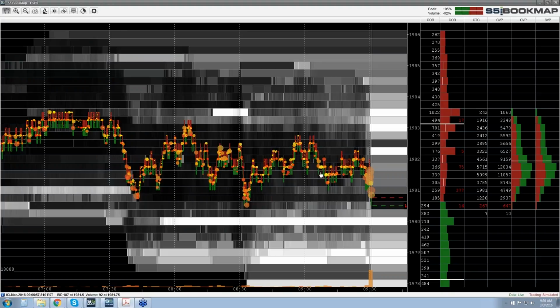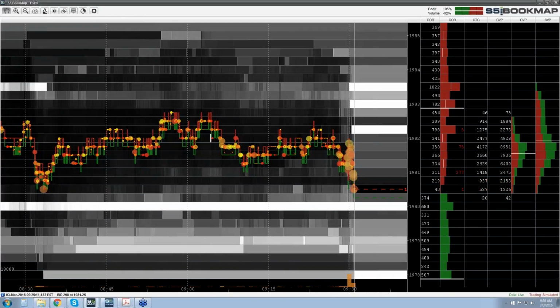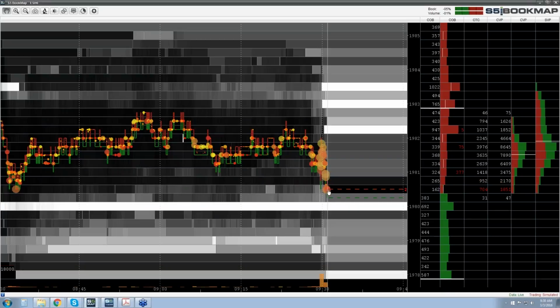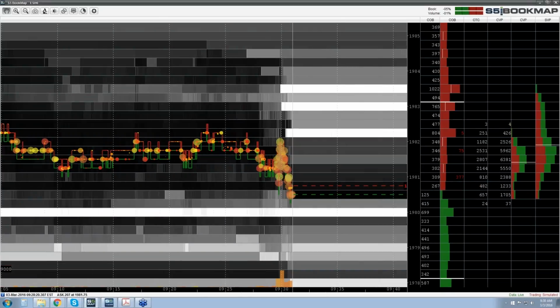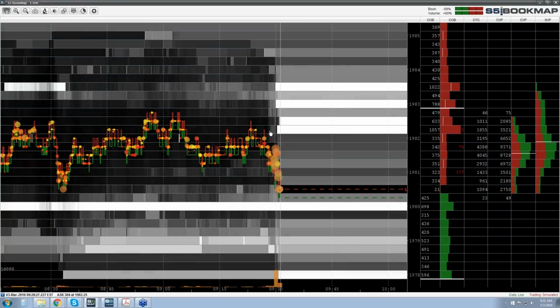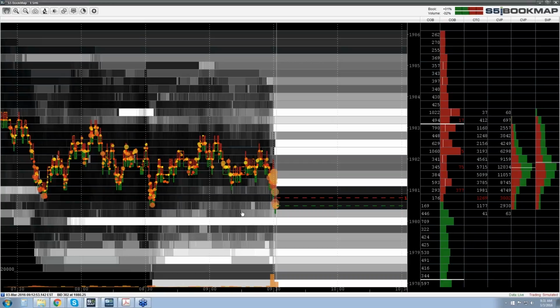Okay, so we're at the U.S. open at the moment, cash open, and notice immediately the distinction here at 9:30 a.m. Eastern time. Just tons of volume coming in, tons of liquidity comes into the market. So now we'll see the price bashing back and forth between these higher areas of liquidity.